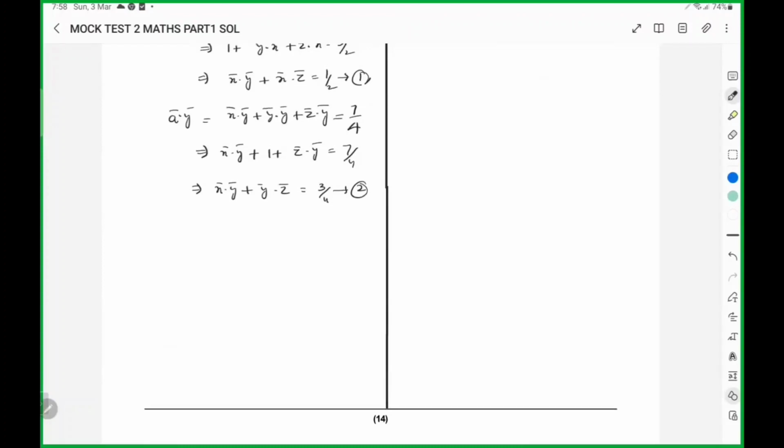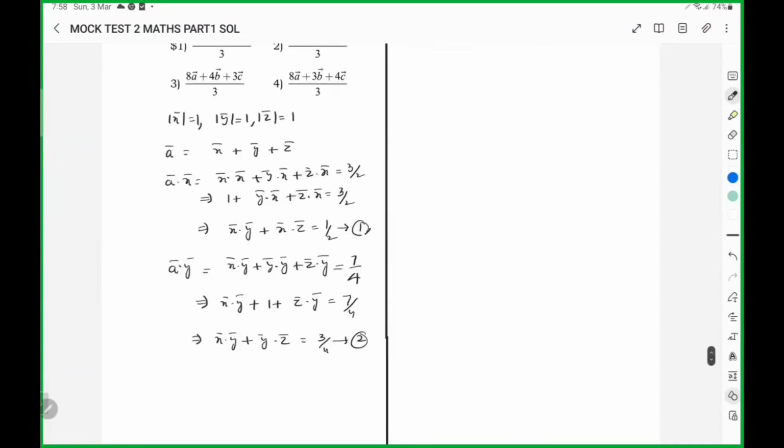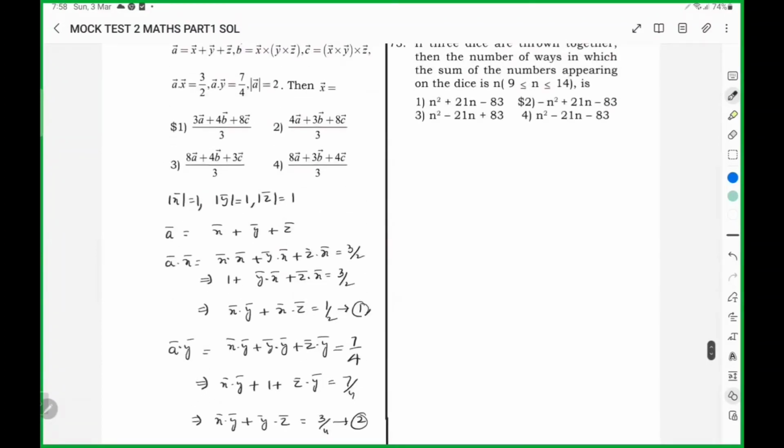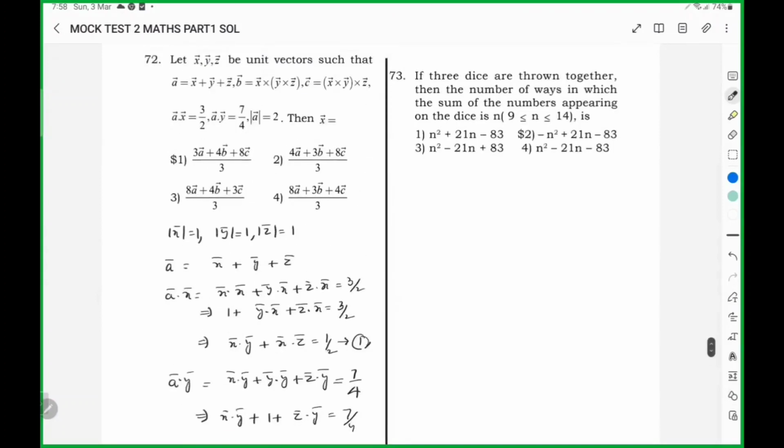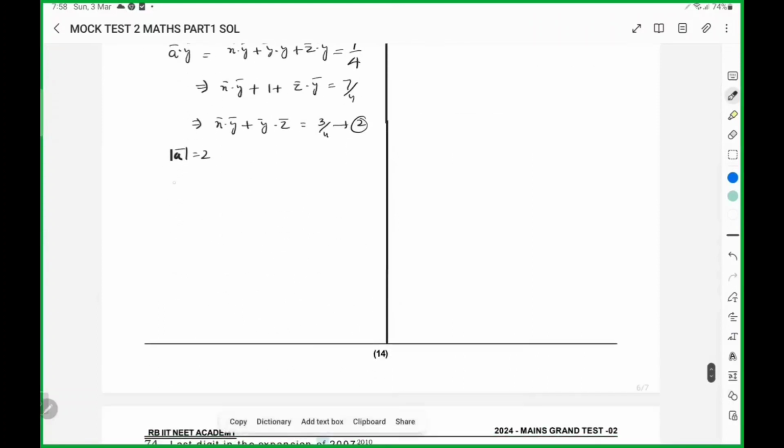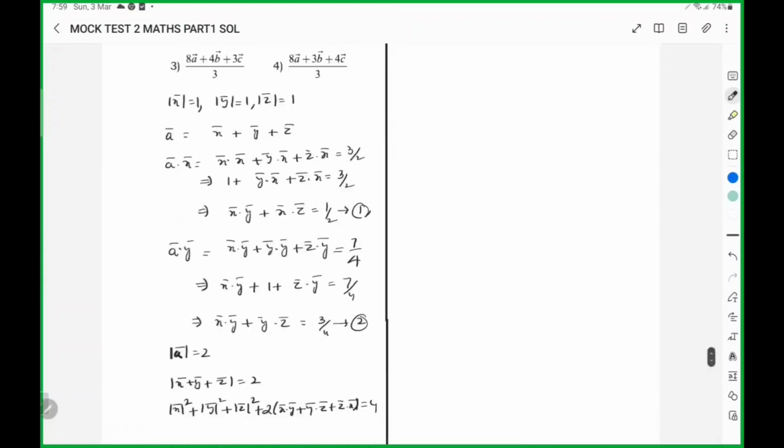Again, given |A| is 2, so the square of x̄ + ȳ + z̄ is 2: x² + y² + z² + 2(x·y + y·z + z·x), which is 4.